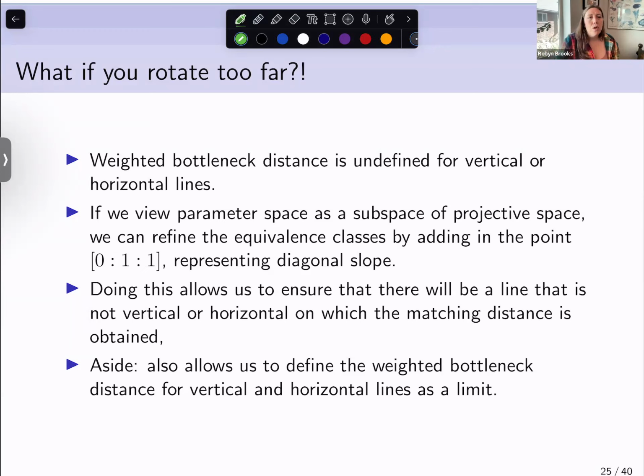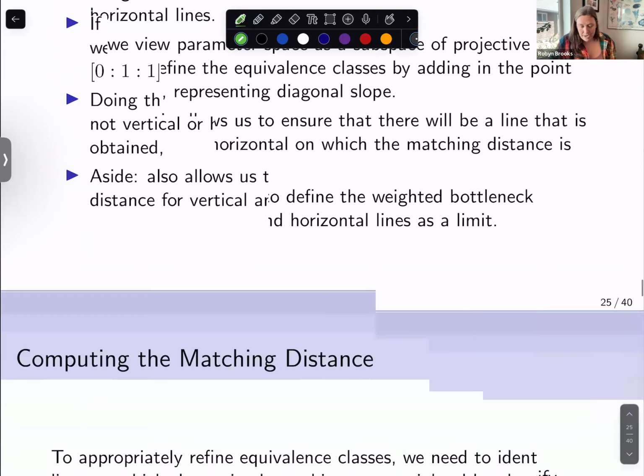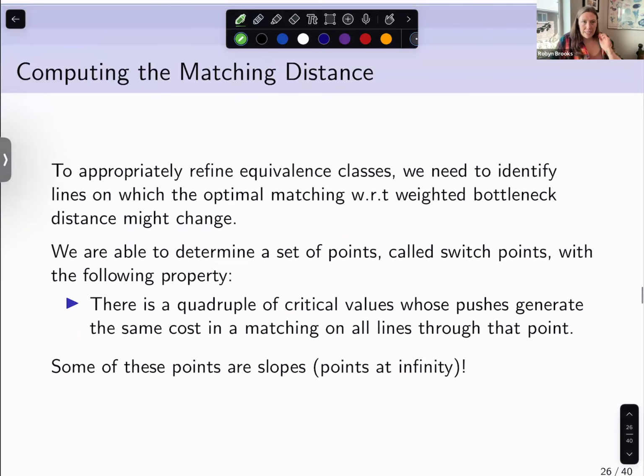Okay. So going back to this idea of identifying equivalence classes that have an optimal matching that works for all lines in that equivalence class. In order to do this, we have to determine where these optimal matchings might switch, right? So optimal matchings might switch if there is a line where the two matchings have the same cost along that line, right?